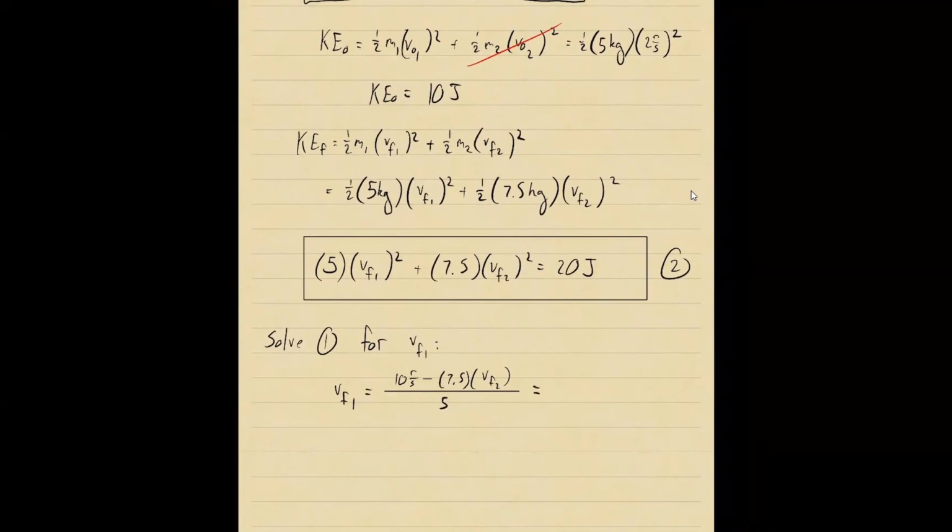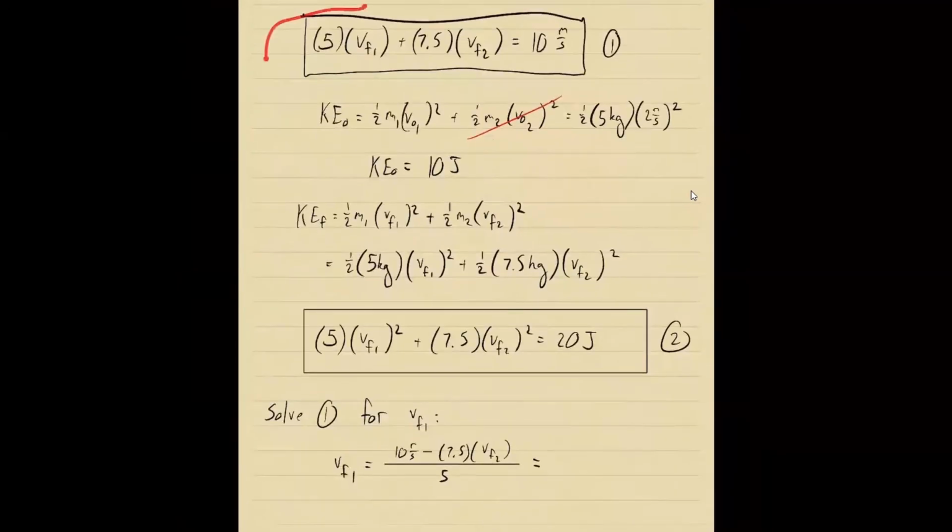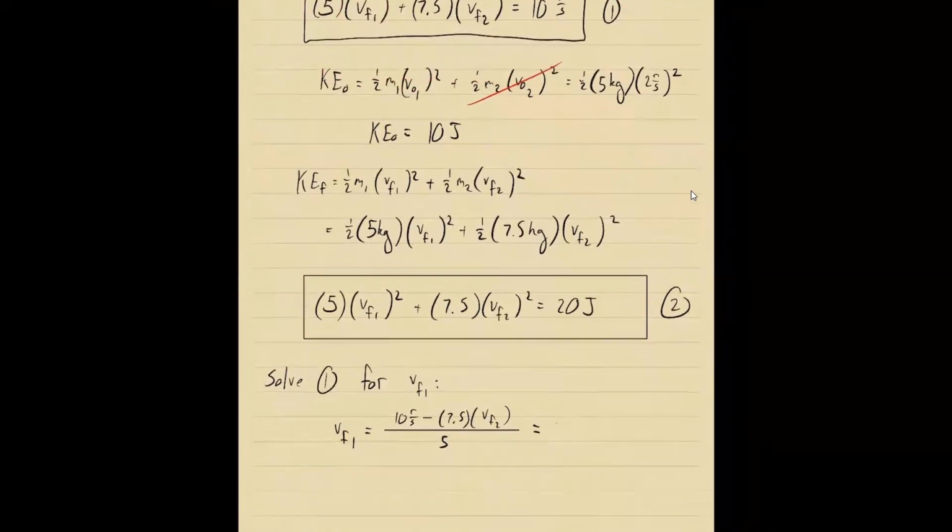So again, this is just solving equation 1 for the final velocity of the first ball. This is going to be equal to 2 meters per second minus 1.5 times the final velocity of our second ball.